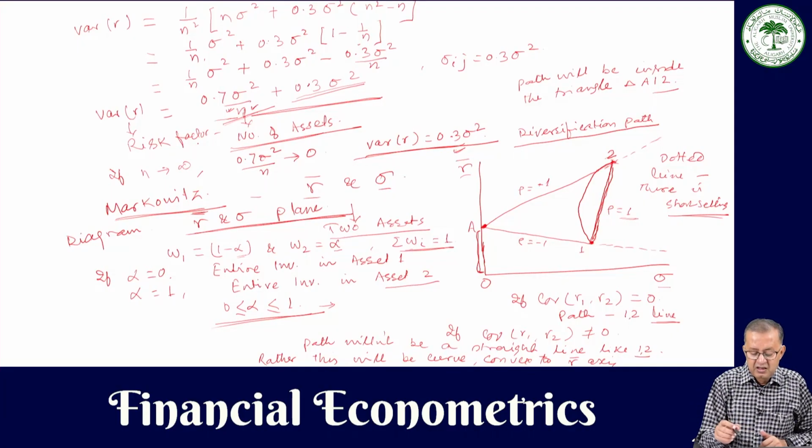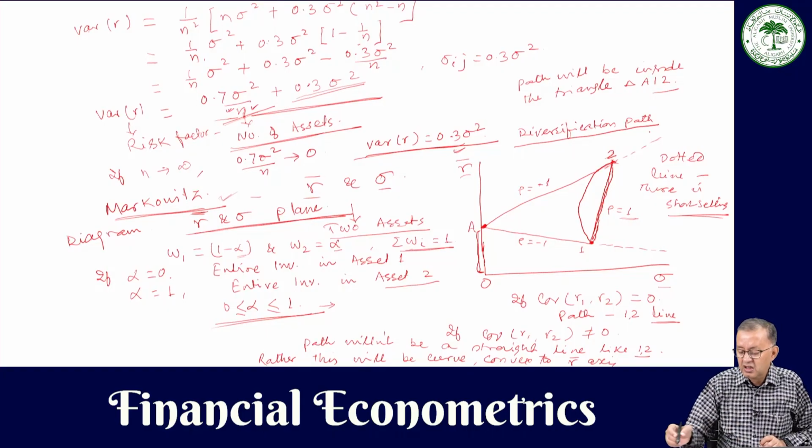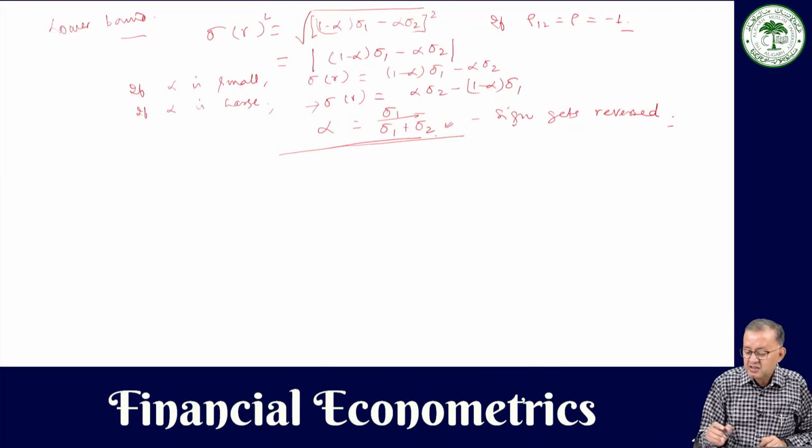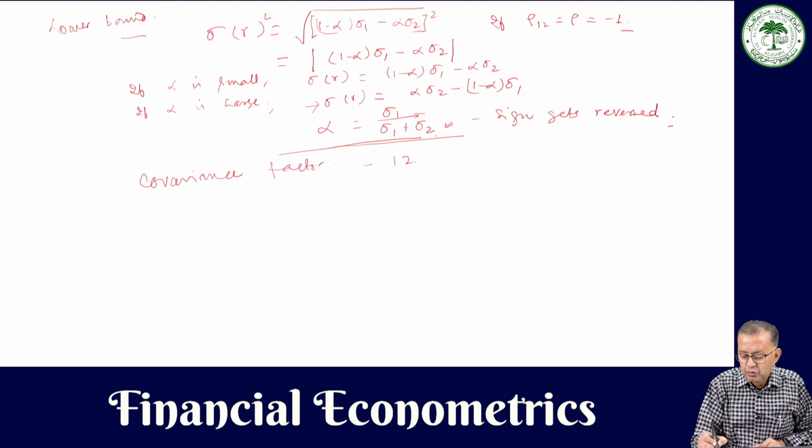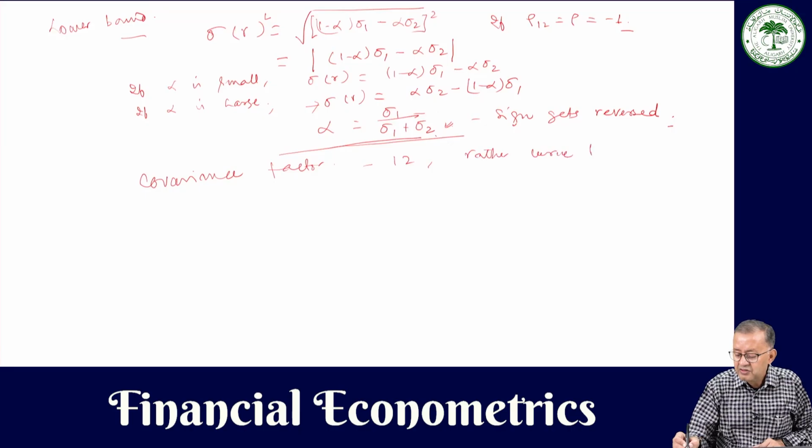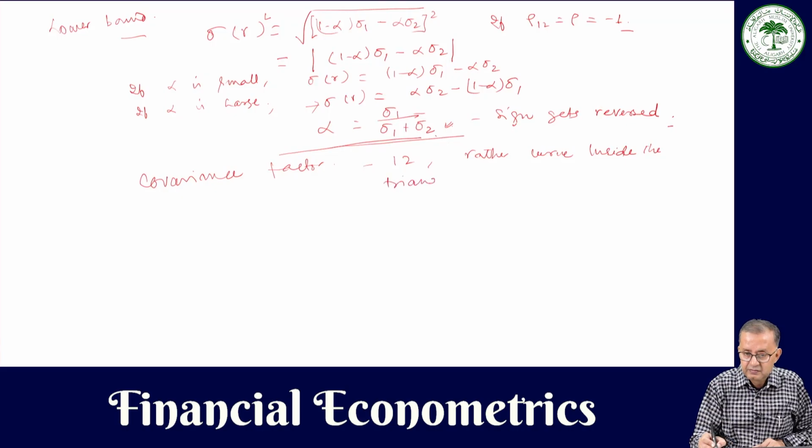So the risk factor, the Markowitz diagram for the diversification path, the diversification path will be somewhere. Then we can say it is because of the covariance factor that the path will not be like a straight line from 1 to 2, rather it will curve inside the triangle. Thank you very much. This is all about today's lecture.